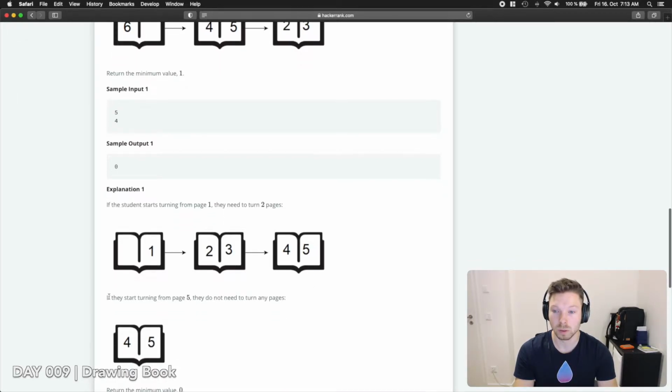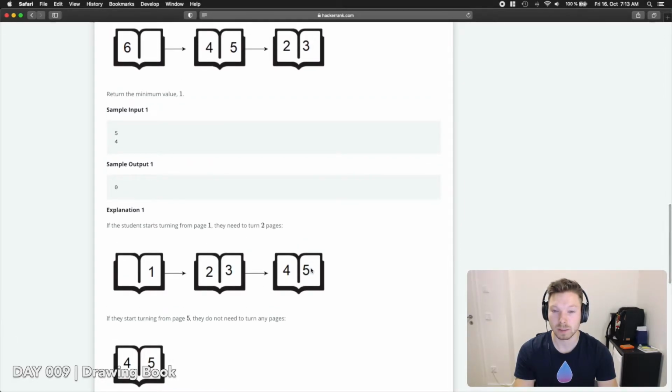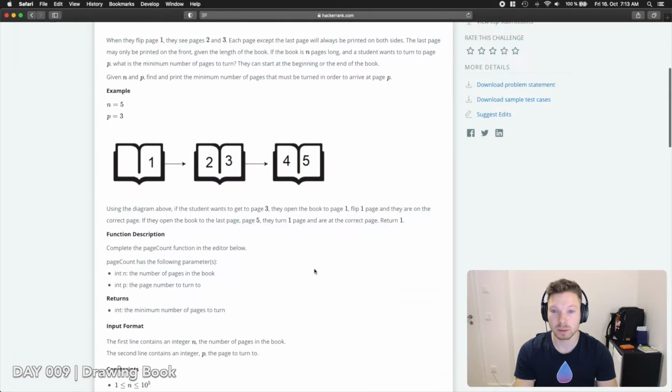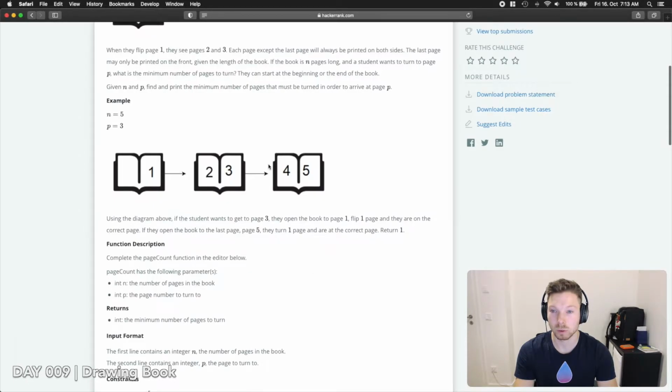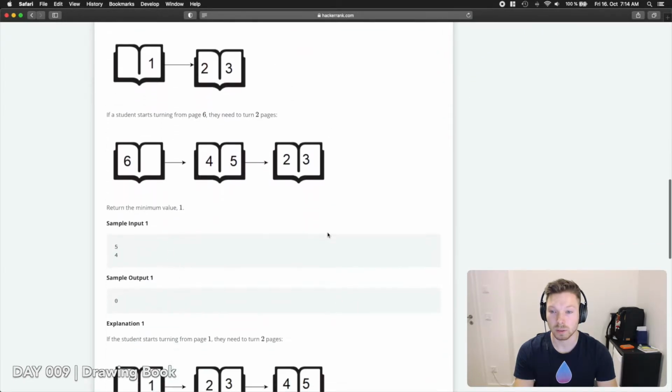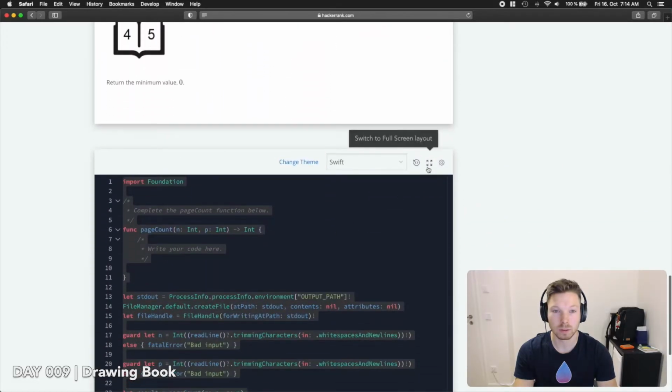If they start turning from page 5, they do not need to turn any pages. Okay, makes sense. 1, 2, 3, 4, 5. Because that's the last page. I thought that the last page also has just one. Nope. Alright. Okay, let's see.